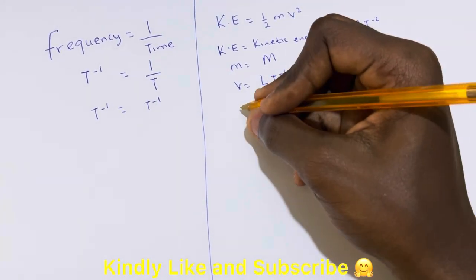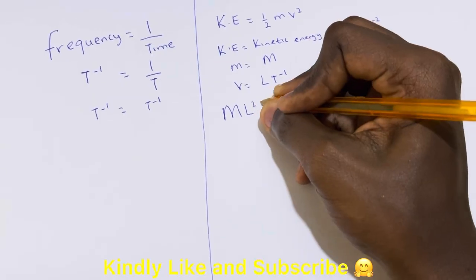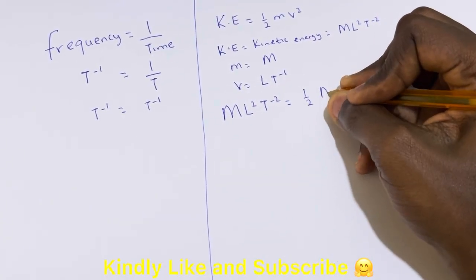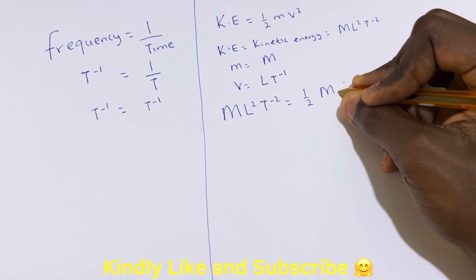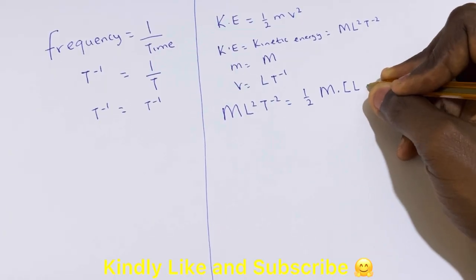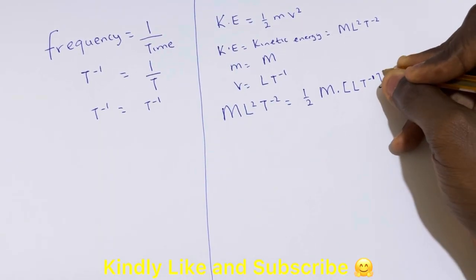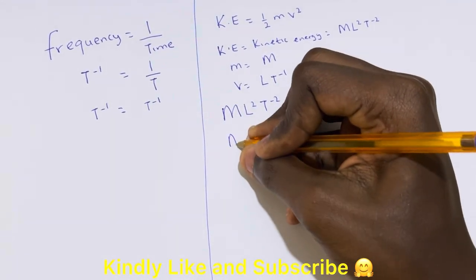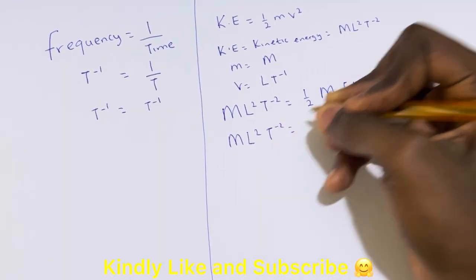So we have M L^2 T^-2 equals half M, that's this multiplying, we bring a square bracket, L T^-1 squared.